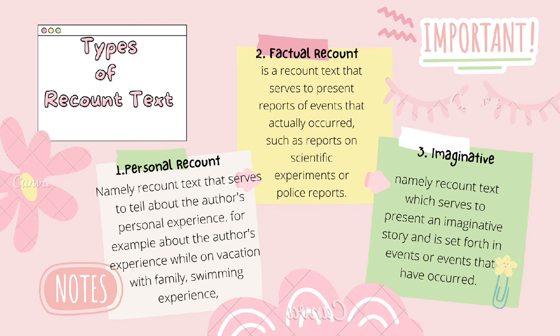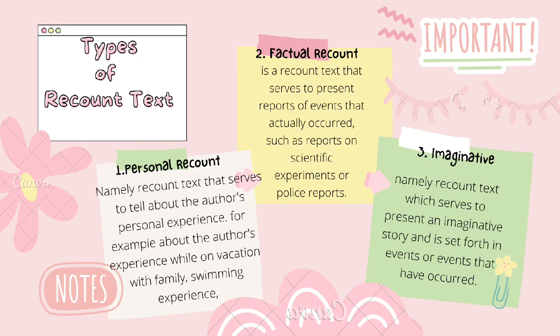The next is the types of the recount text. There are three types of recount text. The first is personal recount. It is named personal recount because the story is based on the true story and true experience of the author.